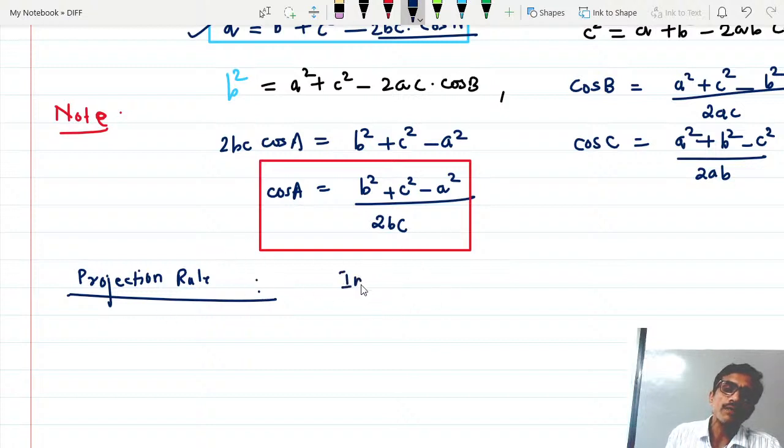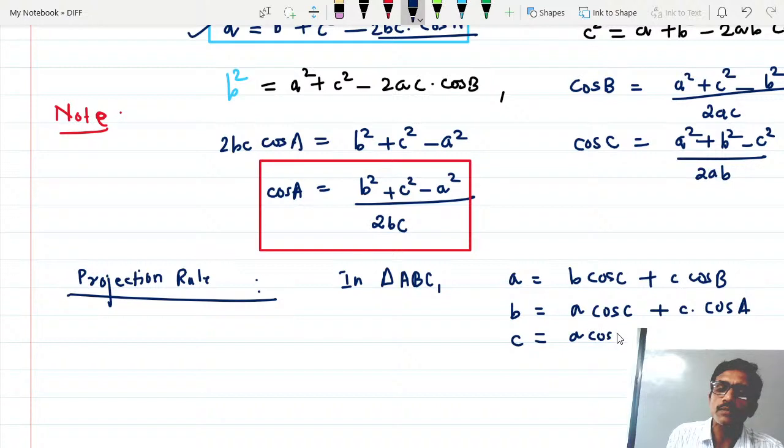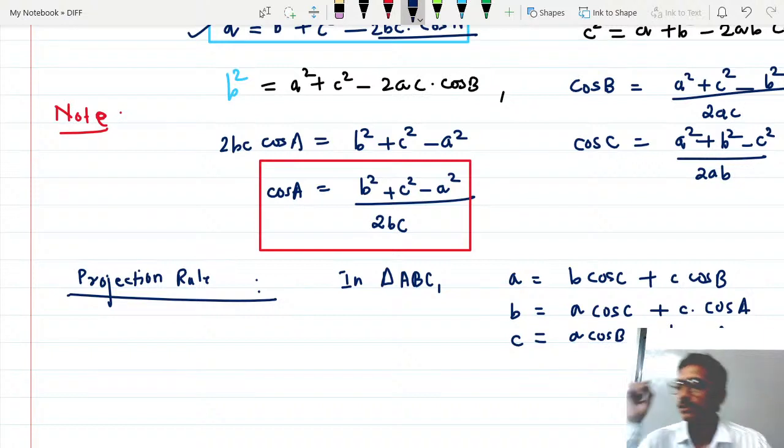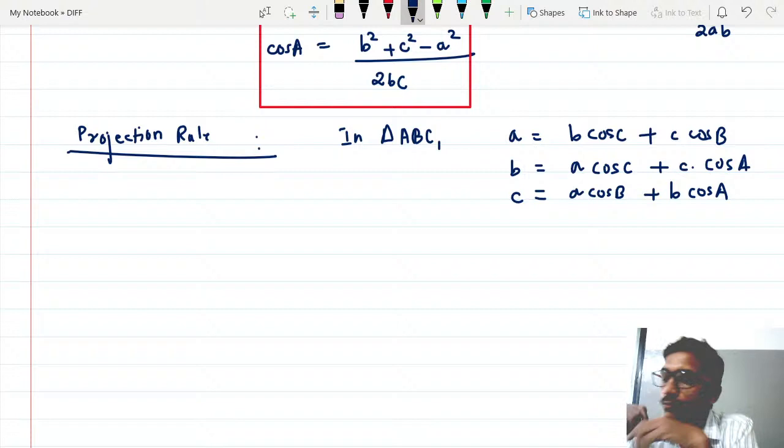In triangle ABC, a is equal to b cos C plus c cos B, b is equal to a cos C plus c cos A, and c is equal to a cos B plus b cos A. This is the projection rule. Now we are going to prove the projection rule.